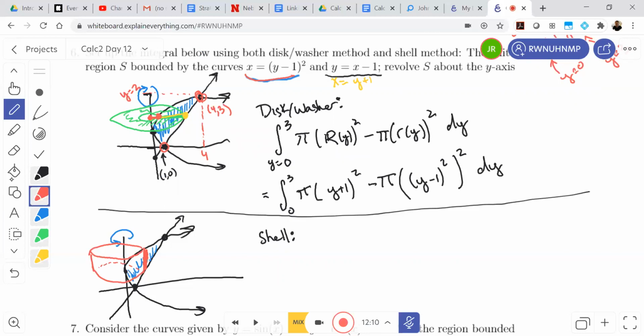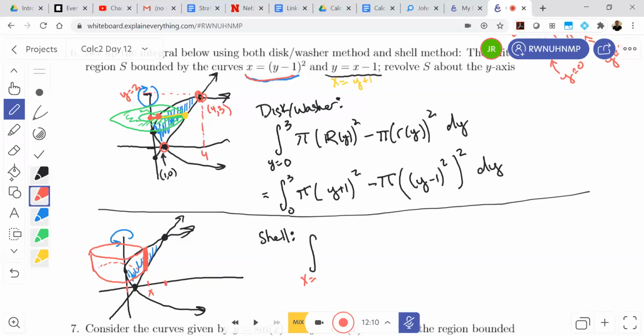All right, so our formula for shells is very similar. Maybe first of all, I should say, notice these shells are indexed by their x value, and different x values will give us different shells. And so we want to integrate as x goes from its leftmost point to its rightmost point.